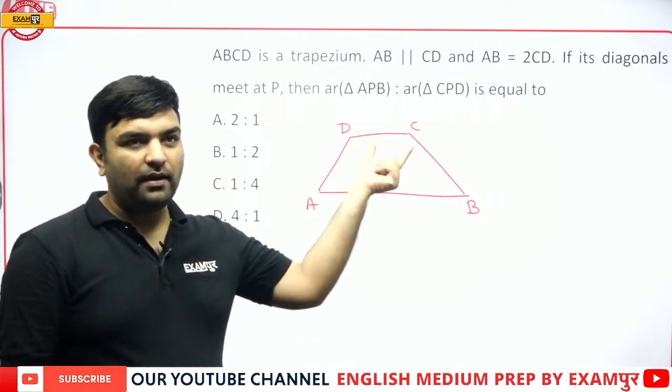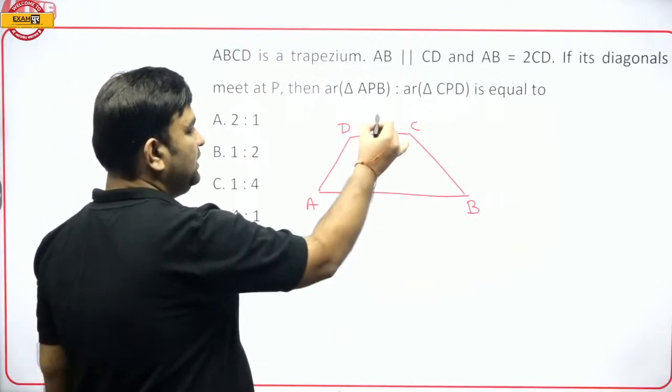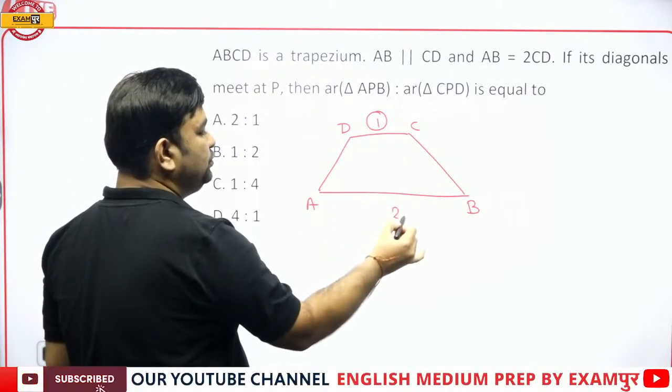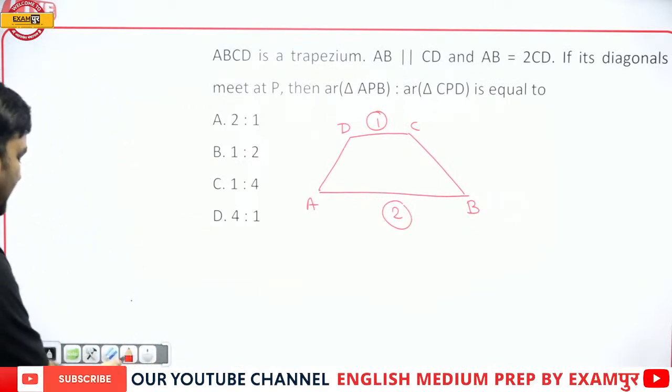So AB is parallel to DC and AB is twice of CD as well. So if CD is 1, AB is 2.